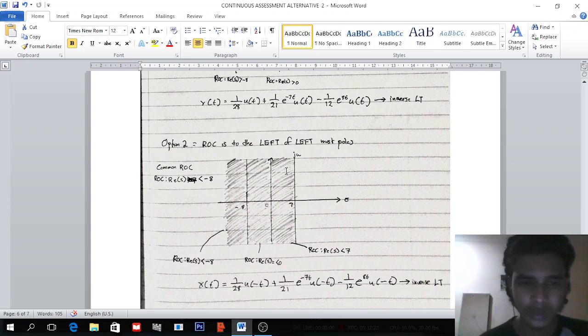Due to the left side, it would be in negative form, left sided. So x(t) equals negative 1 over 28 u(negative t) plus 1 over 21 e to the 7t u(negative t) minus 1 over 12 e to the negative 8t u(negative t). It's the inverse LT.